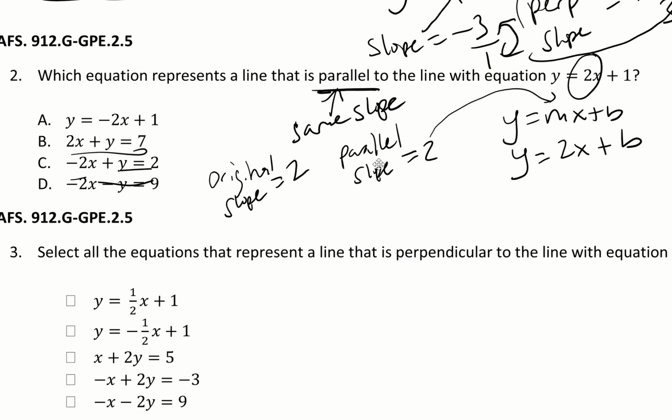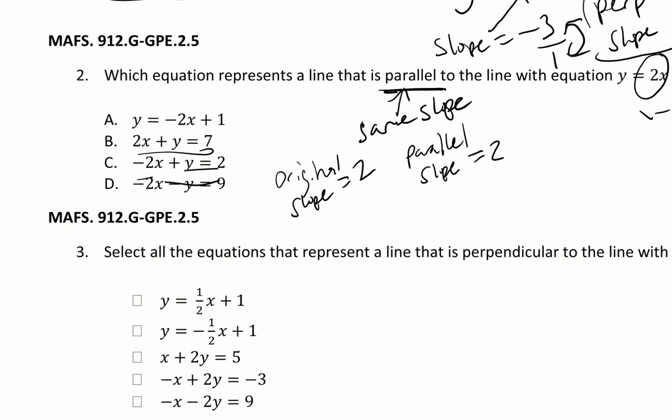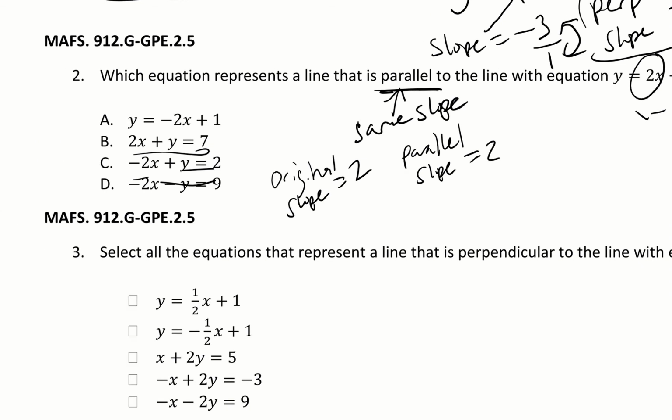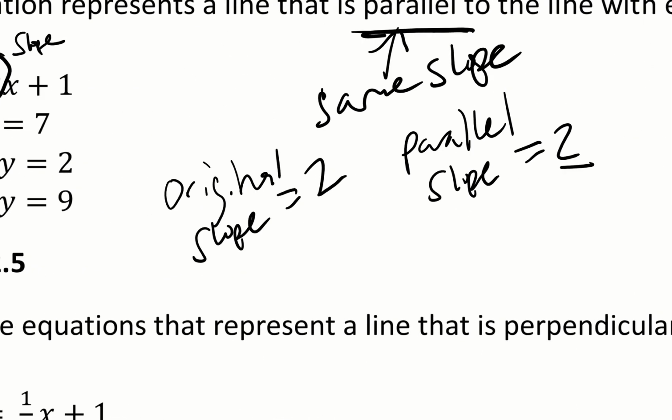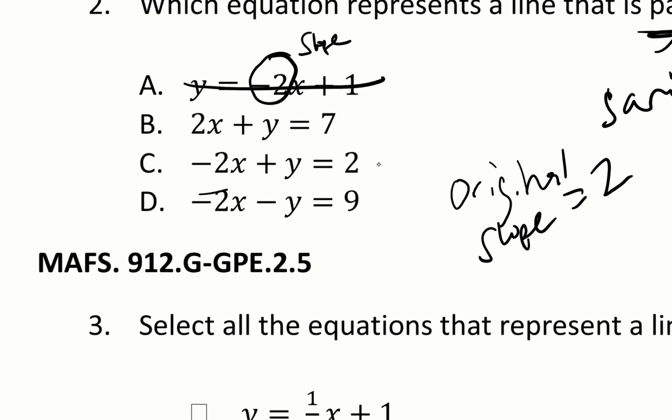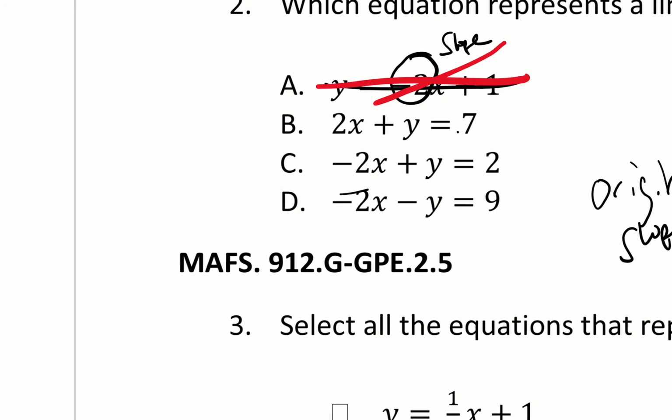Okay, so we know our slope is 2, and so I'm going to go with my answers here and figure out which one's right or wrong. So if you look at part A, the slope here is -2, which does not match 2. So this is incorrect right now. Now let's look at here. So for this one, we need to solve for y.